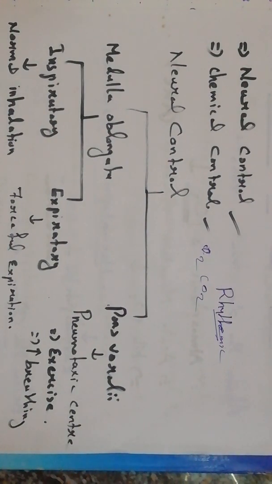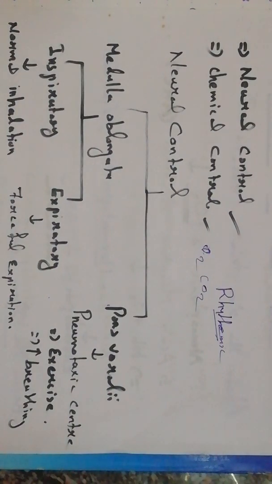The brain is divided into three divisions: forebrain, midbrain, and hindbrain. The forebrain consists of the cerebrum, the midbrain consists of the corpora quadrigemina, and the hindbrain consists of the cerebellum, pons varoli, and medulla oblongata.